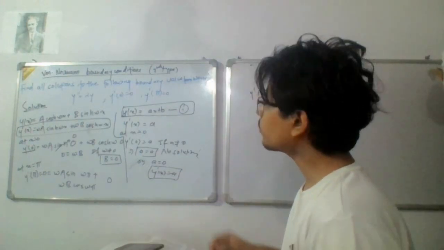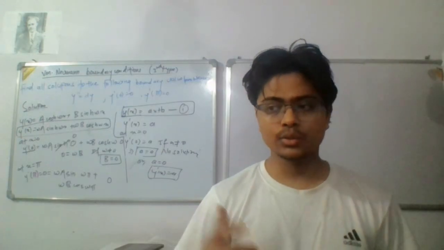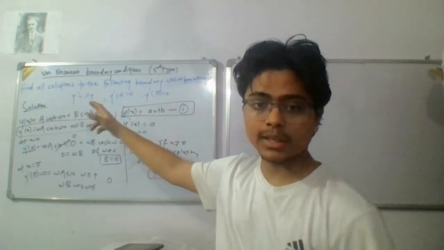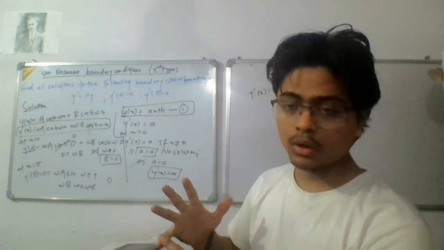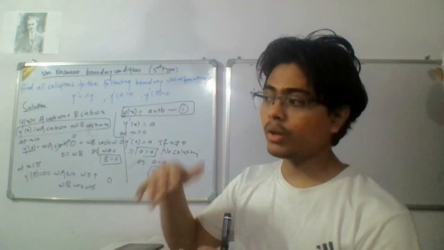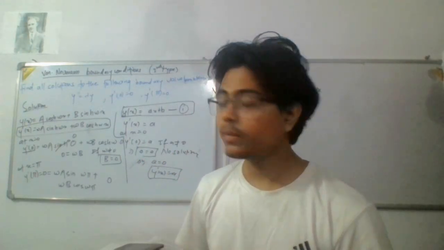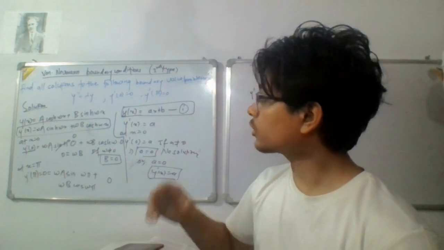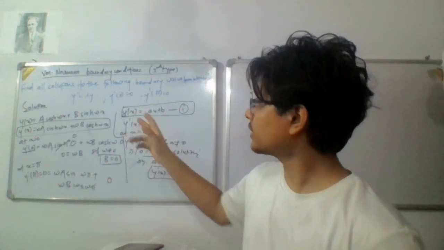What we did earlier was we tried to find the solution of the second order differential equation for different values of lambda. The first case was lambda equals 0. The second case was lambda positive, so we write it as a square of something, omega squared, and we consider omega squared to be always positive. At that condition we got the solution of the differential equation involving cosh and sinh.